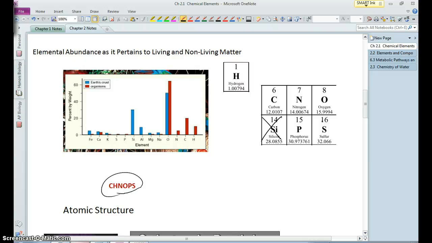You can see that in particular carbon, hydrogen, oxygen, and nitrogen are the main elements you see in living things, particularly oxygen. Think about why it is that by weight most things consist of oxygen. Why is that?